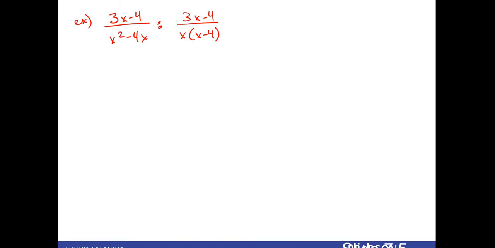I shouldn't really put an equal sign there. I now can take this function, which I've rewritten in the form I need, and rewrite this as two separate fractions with new denominators where each fraction has a single linear denominator. This is going to allow us to integrate much more simply.